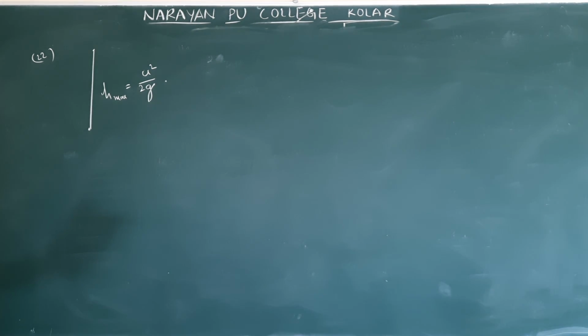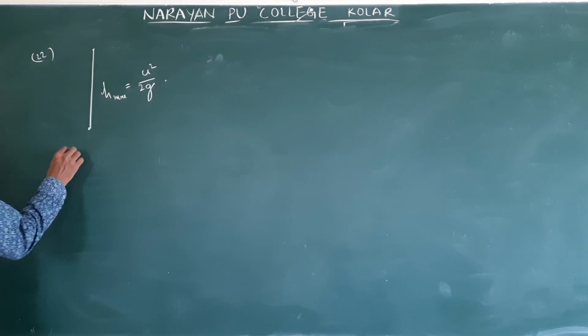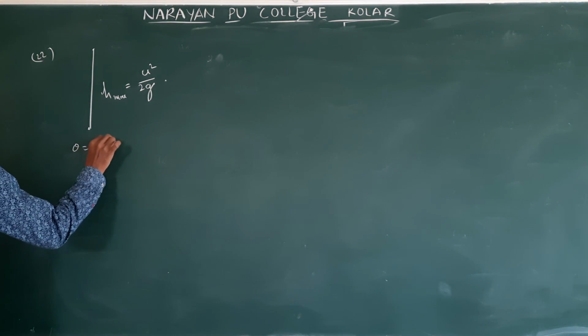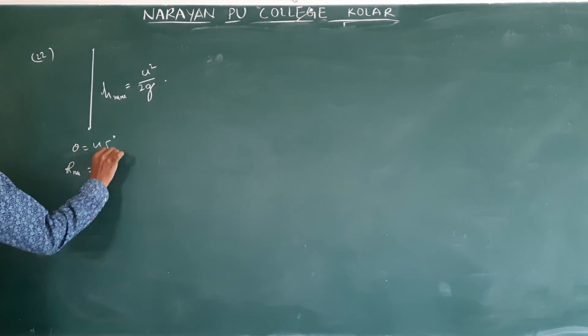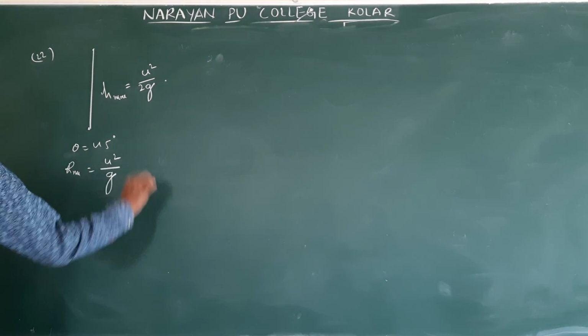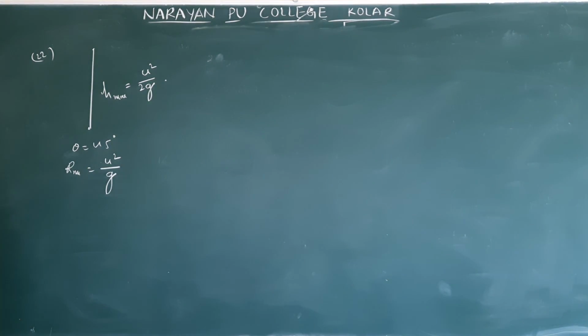Next, the same person with the same ball throws for maximum horizontal distance. If we throw horizontally, what would be the horizontal distance? For maximum horizontal distance, theta is equal to 45. Then what is the R max formula? That is u square by g. Clear?